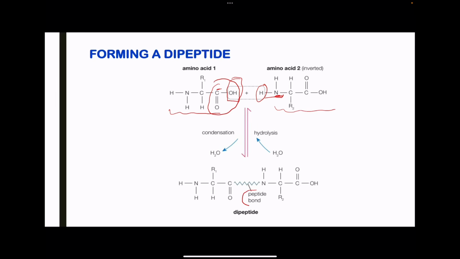So that bond is going to be called the peptide bond, and this whole structure is what we call the dipeptide. This is a reversible reaction. We can see if water is added under the right conditions, then this bond is going to be broken so that we form the individual amino acids. And then if water is lost through a condensation reaction, we're going to form the dipeptide. These two reversible reactions are going to be enzyme controlled.